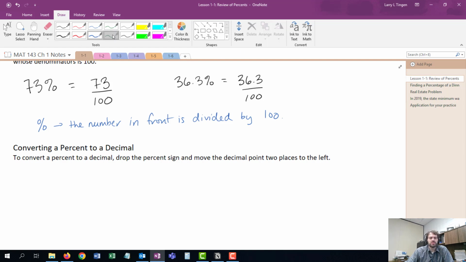In my own research, I've found that this symbol, the percent, used to look different. It used to be a slash and then a 0, 0. I've always wondered why I have a little circle top and bottom. Well, it used to look like a slash and a 0, 0, and you can see where that would look like a 100.